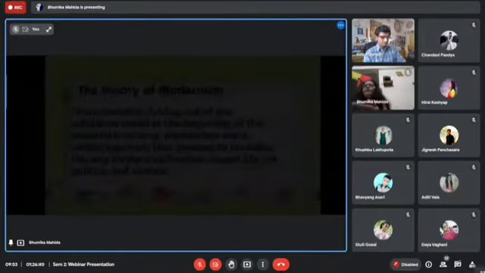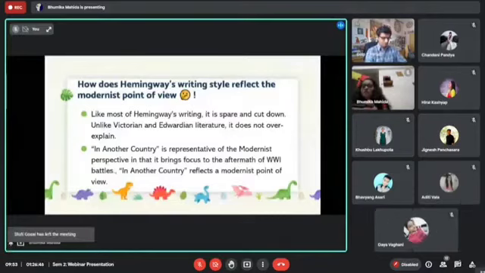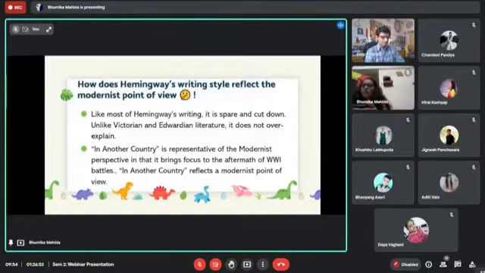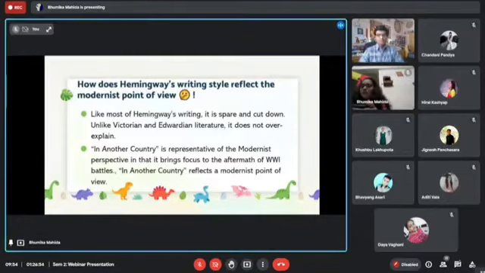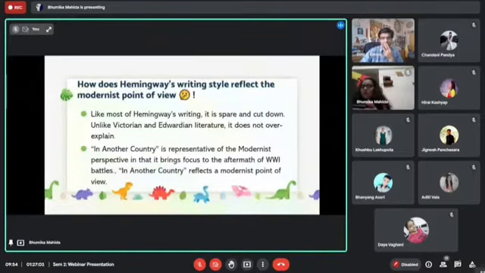Then we have to discuss how Hemingway's writing style reflects the modernist point of view. Like most of Hemingway's writing, it is spare and cut down in most of his works. Unlike Victorian and Edwardian literature, it does not over-explain.